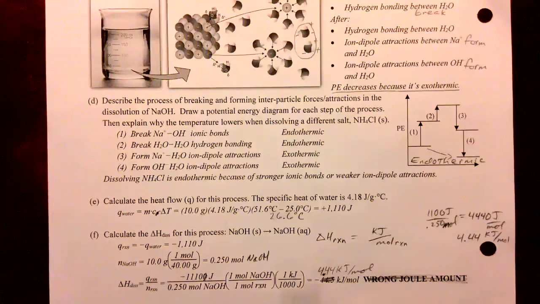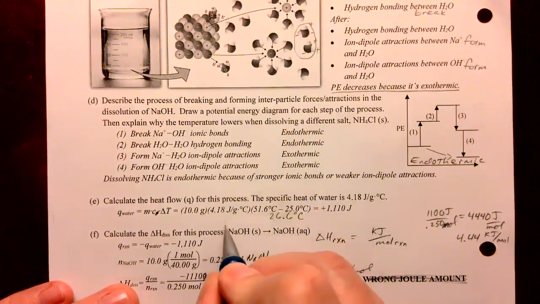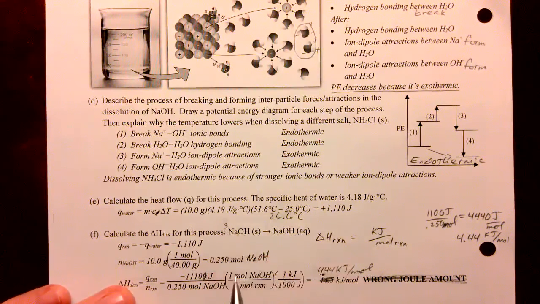Let's see here. So I need a mole of reactions. Now we happen to know that for every 1 mole of this, we get 1 mole of reactions, don't we? For every one of these, we only get this happening 1 time. Now, that may seem so obvious that it's not worth mentioning, but it is worth mentioning, because just for a moment, let's pretend that there was a 3 here.